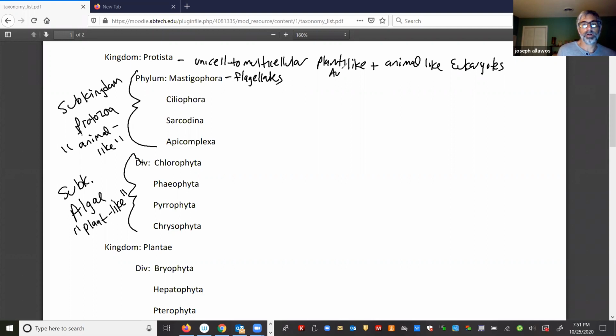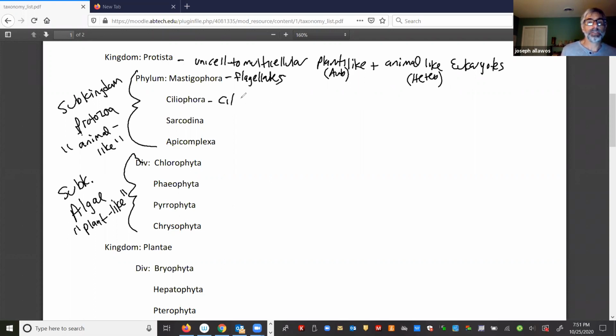Let's just do this, auto and hetero. So you remember, this kingdom, Protista, contains both autotrophic and heterotrophic, autotrophic plant-like, heterotrophic animal-like. So the flagellates are these unicellular organisms. They swim around in water and they look for stuff to eat, or they could be parasites.